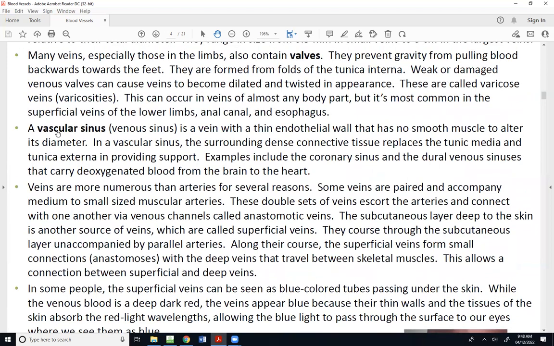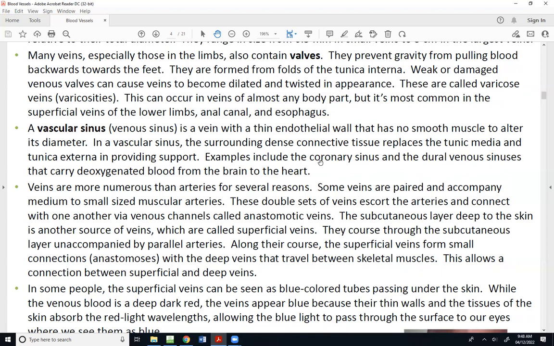A special type of vein I want to talk about is a vascular sinus or venous sinus. It has a very thin endothelial wall with no muscle to alter its diameter. In a vascular or venous sinus, the surrounding dense connective tissue replaces its media and the tunica externa, providing support.